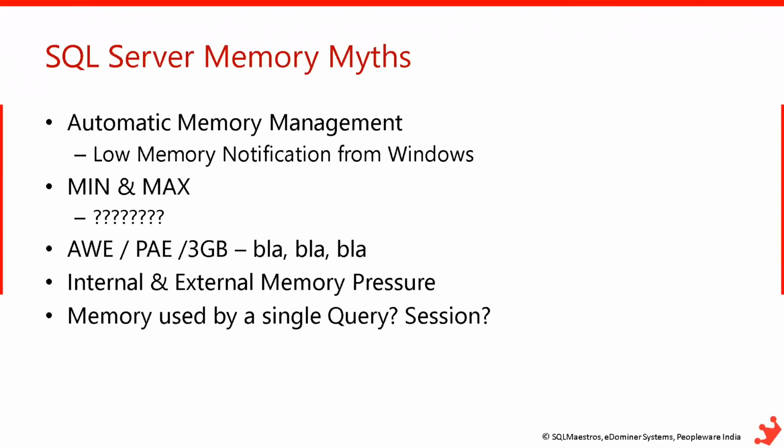Now let's talk about internal and external memory pressure. When we talk about memory consumption, and let's say SQL Server is consuming a lot of memory, what do we really mean by internal and external memory pressure, or how do you really define memory pressure? Internal memory pressure is caused by conditions inside SQL Server.